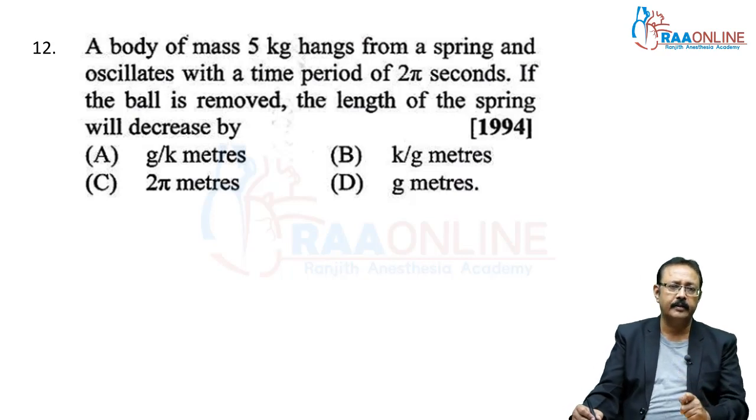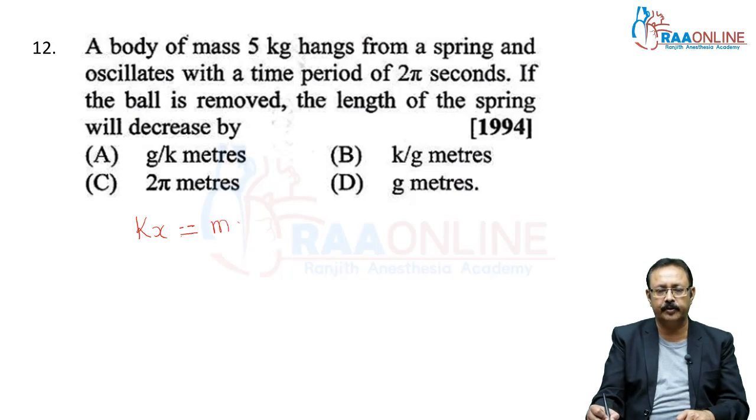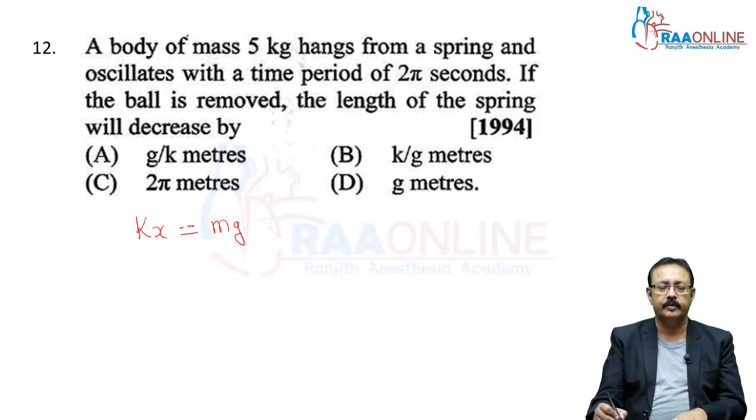We know that the restoring force acting on the spring is minus kx. Minus means opposite direction. It is balanced by the weight of your body. So, what is x? If you remove this, it will go back by this amount.